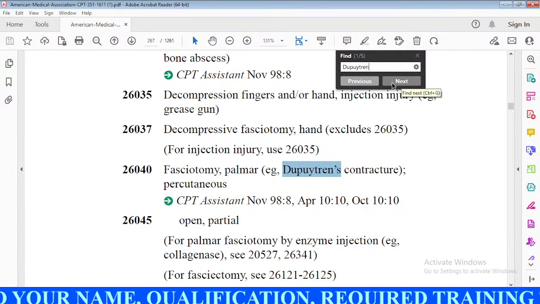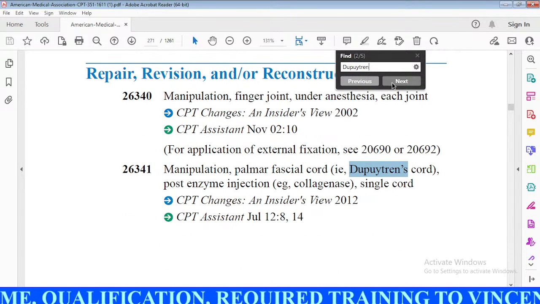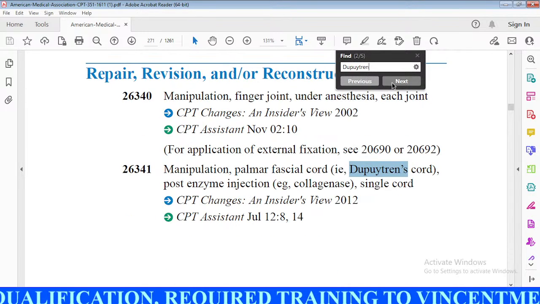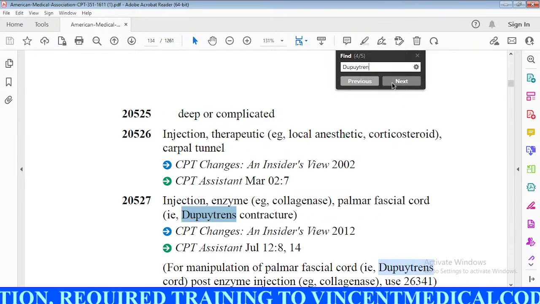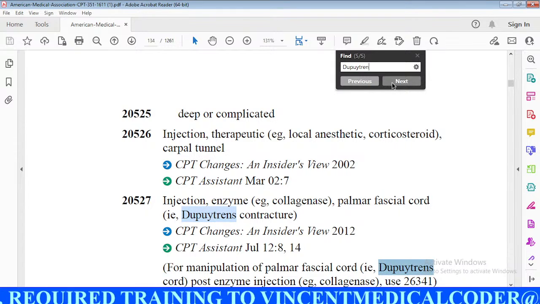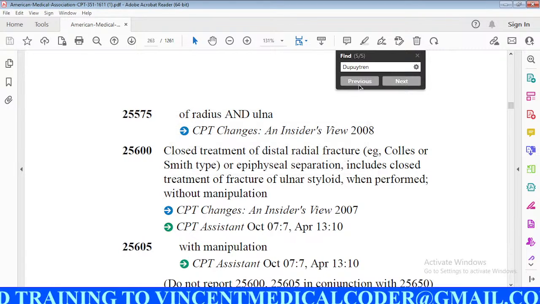So we will check 26040. See, this is also 26341. So this is not injection. So we will check our options now.